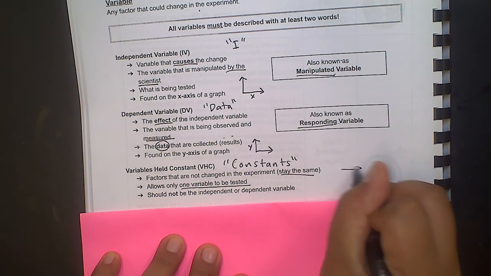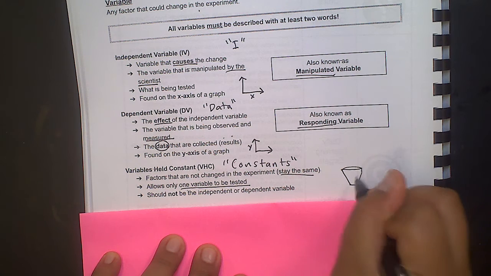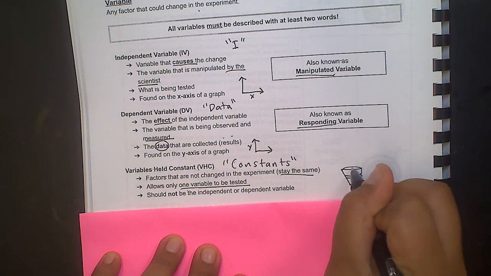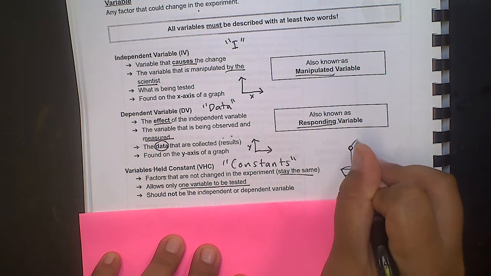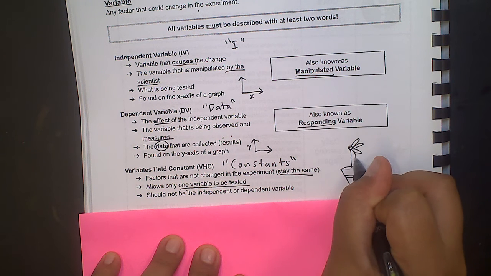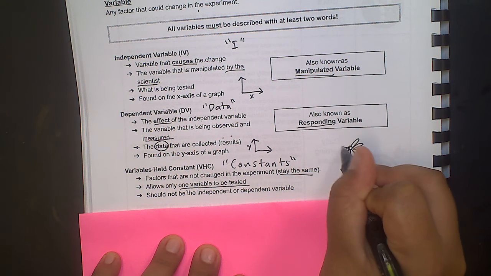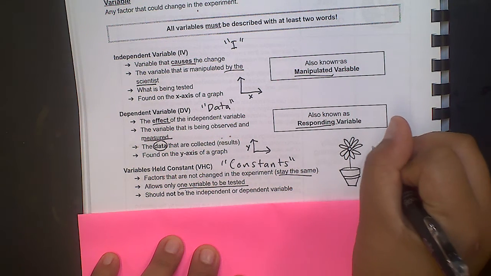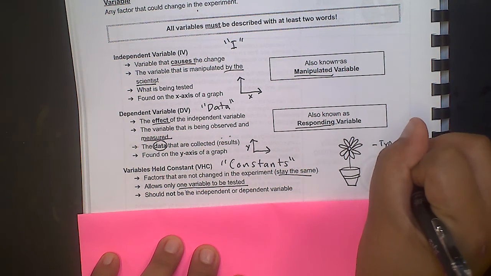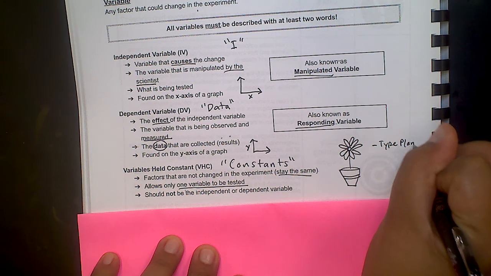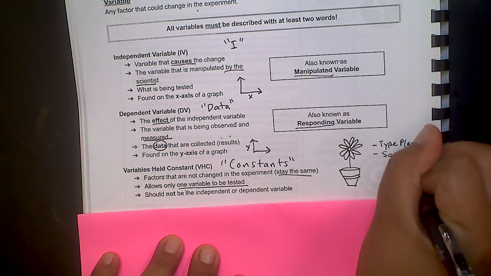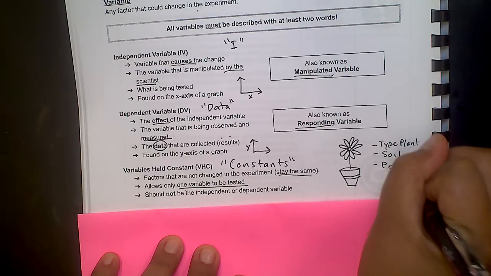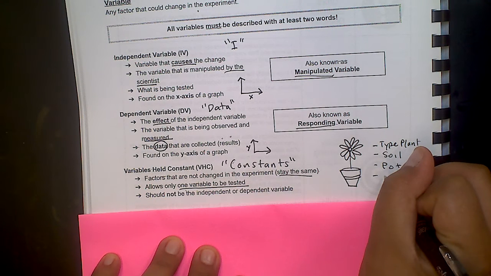So for example, if I am growing a plant and I want to know how water affects my plant growth, how the amount of water affects plant growth, I'm going to keep everything else the same. So I'm going to keep the type of plant the same. I'm going to keep the soil the same, the pot the same, the amount of light.